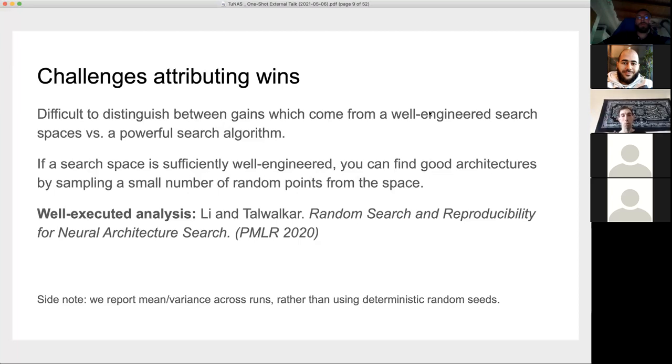And so this is one motivation for me for why this attribution is important. There's one shout out that I want to give to a paper, Lee and Talwalkar's Random Search and Reproducibility, which I think has a very well executed analysis of some of the challenges involved here.